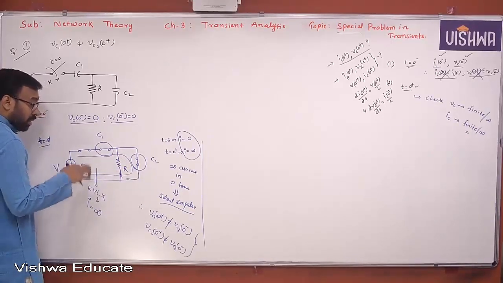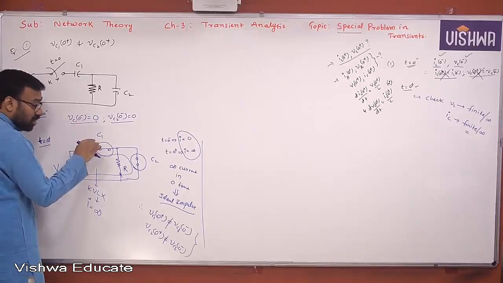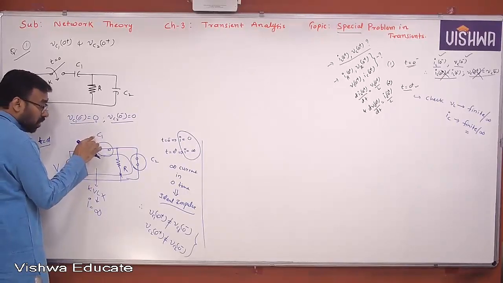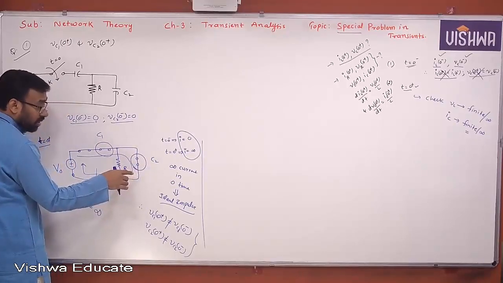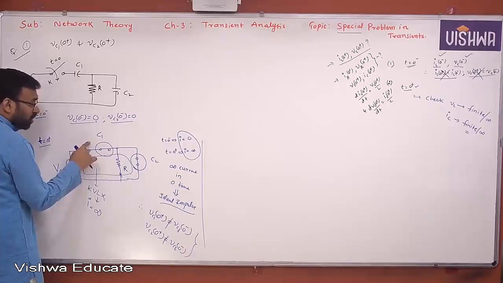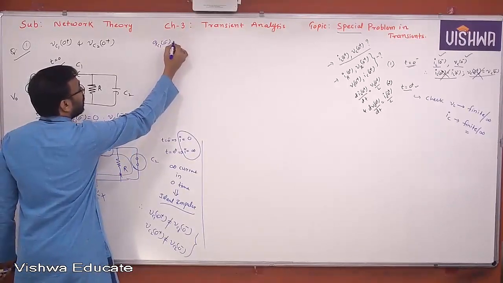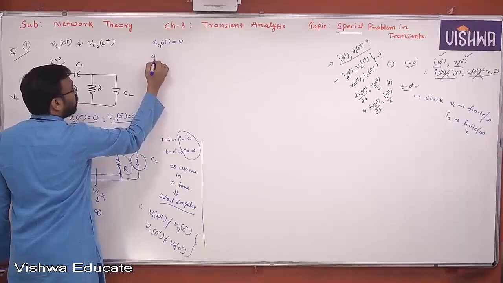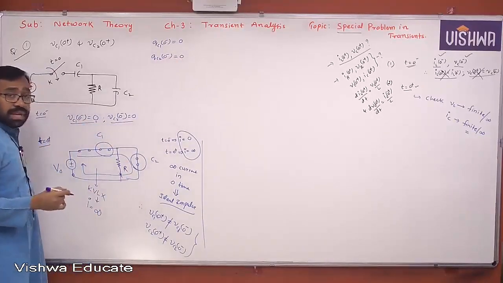What will happen? This ideal impulse current will force the charge deposited on each conducting plate of each capacitor to some value. Because what was the charge initially? QC1 of 0 minus is how much? 0. QC2 of 0 minus is how much? 0. Yes or no, all of you?